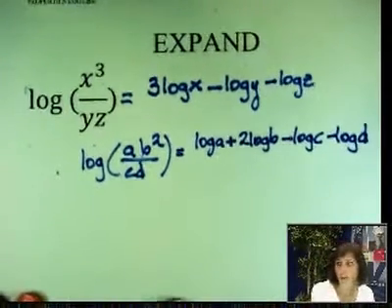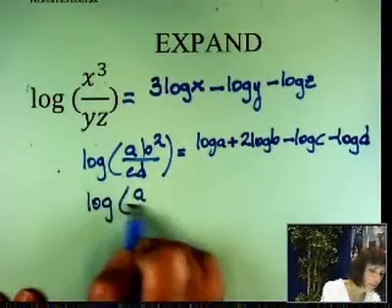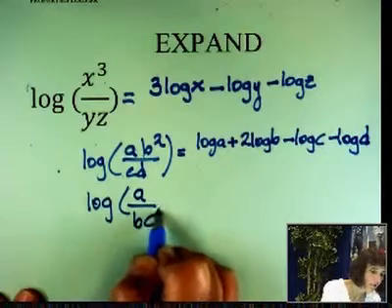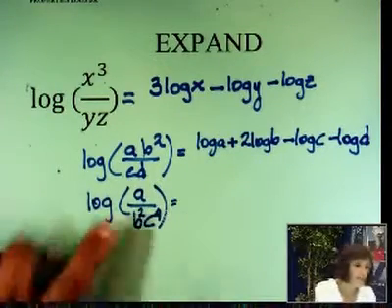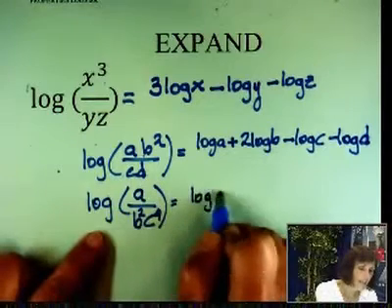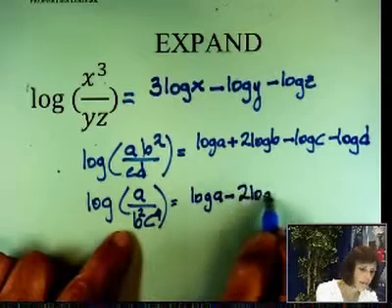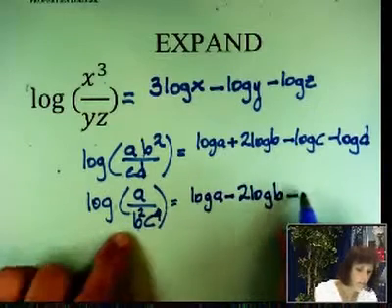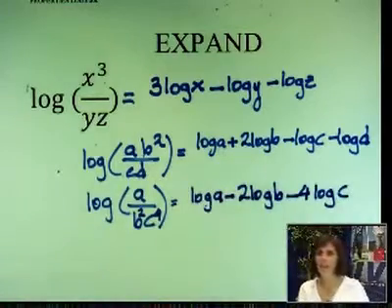If you had something in the denominator, let's say log of a over b c to the fourth, let's put square. A is in the numerator, log a, minus 2 goes in front, minus 4 goes in front. Okay, I think you got the hang of this.